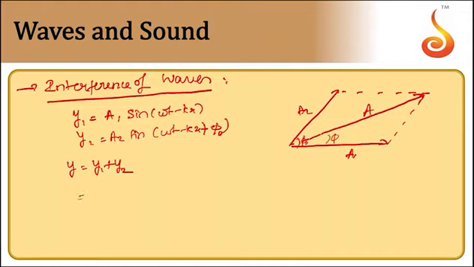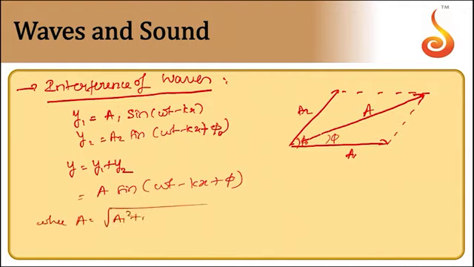So the resultant wave can be represented as A sine omega t minus kx plus phi, where this A is the resultant amplitude given by square root of A1 square plus A2 square plus 2A1 A2 cos phi naught. This is the amplitude of the resultant wave.